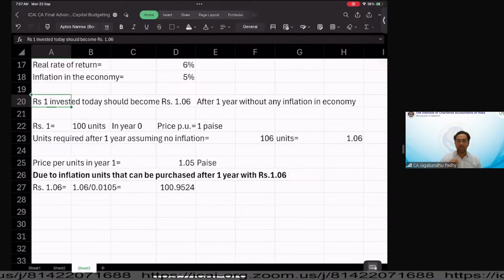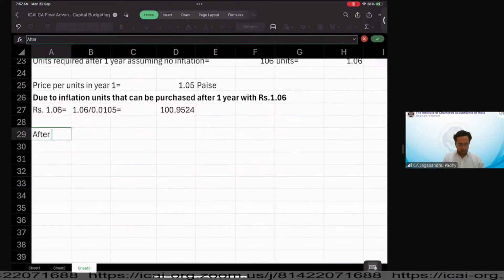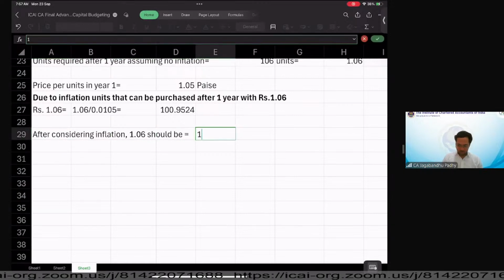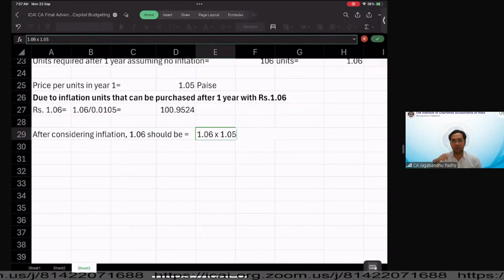Agreed. But if I want to bring in the impact of inflation, what should I do? See, after considering inflation, 1.06 should be further multiplied by 1.05 to give you the impact of inflation. So 1.06 should be further increased by 5%.